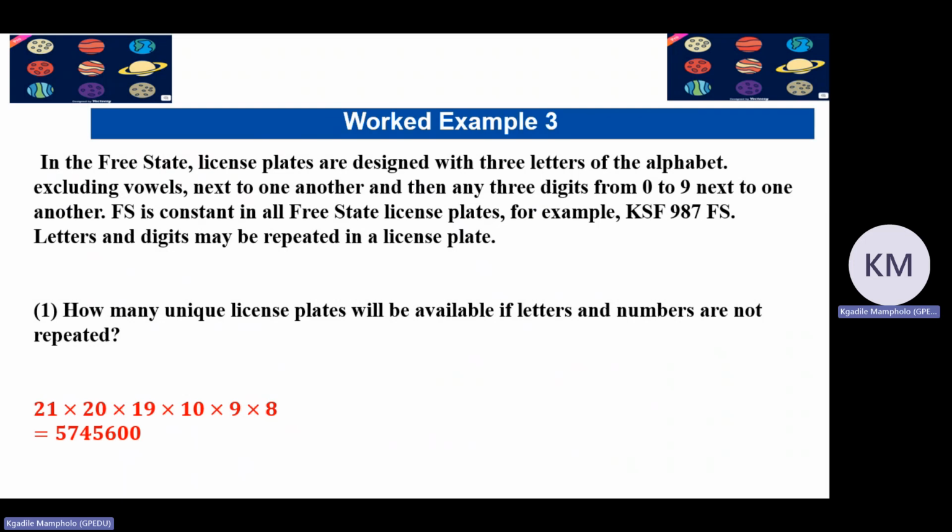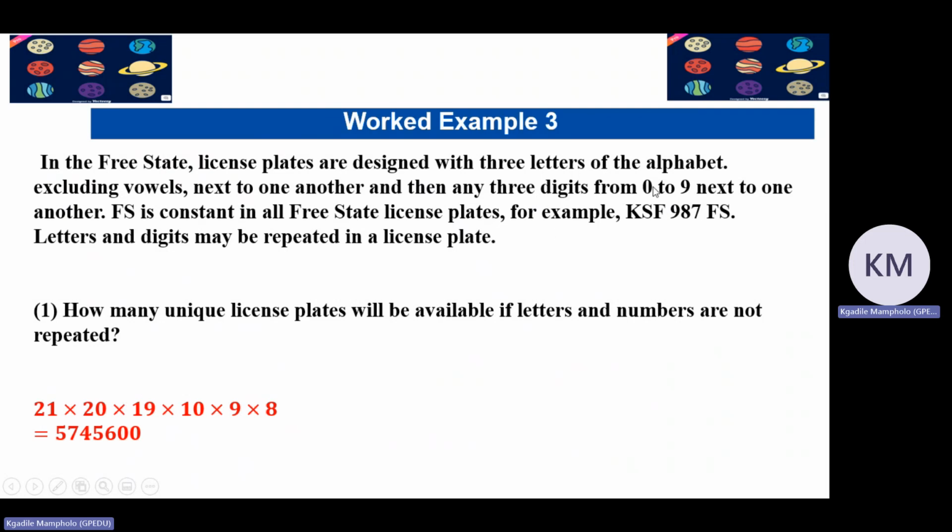Now, how many unique license numbers will be available if letters and numbers are not repeated? Let's look at this. Remember, we say vowels are excluded, but letters and digits are not repeated in this case. Then it means you are going to choose out of 21 letters, and when you choose the second letter of the registration plate, you choose out of 20, and the third one you choose out of 19 because there's no repetition.